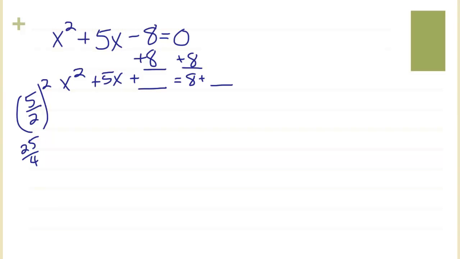25/4, and that's how we're going to leave it. So on this one, our new c is going to be a fraction. 25 over 4. So, yep, we have fractions.